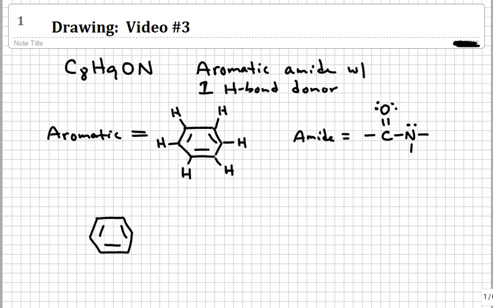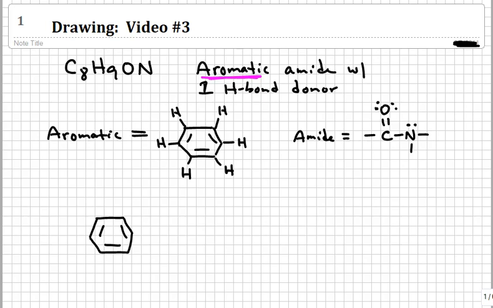So we have 8 carbons and only 9 hydrogens. But in this case, I've told you it's aromatic. But I guess what I'm saying is, if you have a lot of carbons, not many hydrogens, and it's possible, think about a benzene ring, okay? But I've even told you it's aromatic here, so I've given you the hint right away.